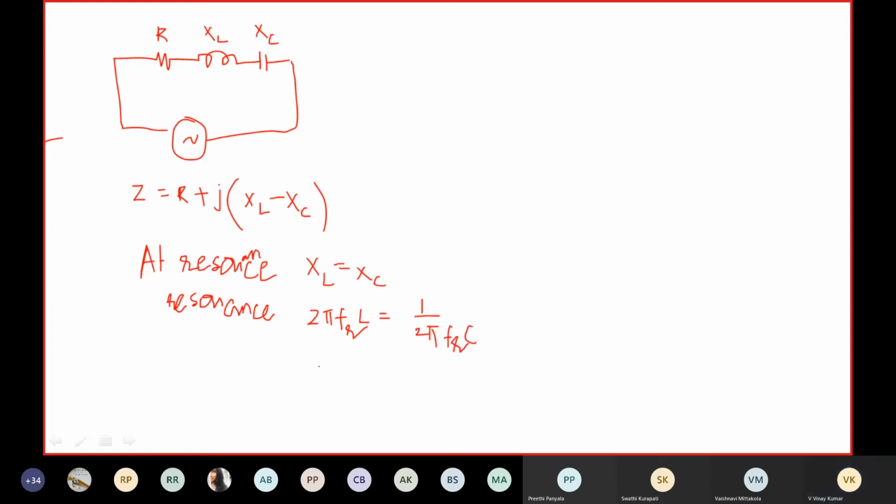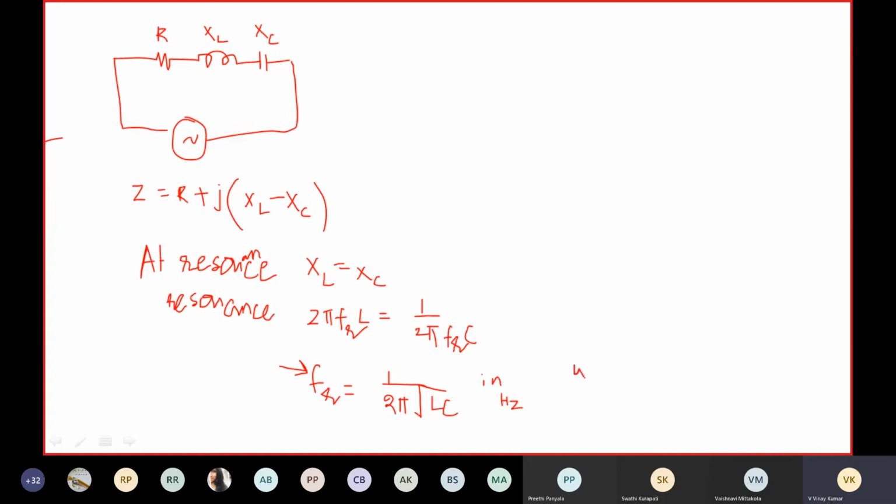Then what will be fR? fR is equal to 1 by 2 pi root LC. This is the resonant frequency in Hz.